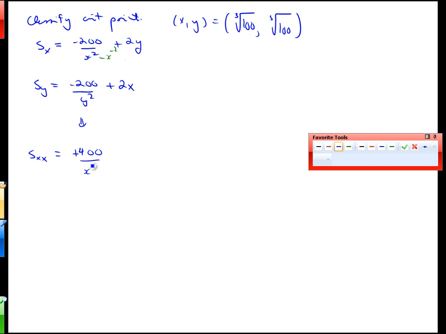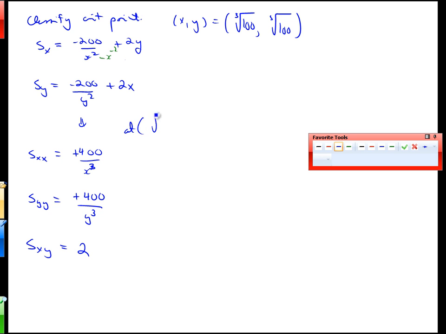My apologies. 400 over x cubed. And plus nothing. The second derivative with respect to y would be the same thing, now positive 400 over y cubed. And the mixed partial derivative, let's take the y derivative of this, would simply be 2.